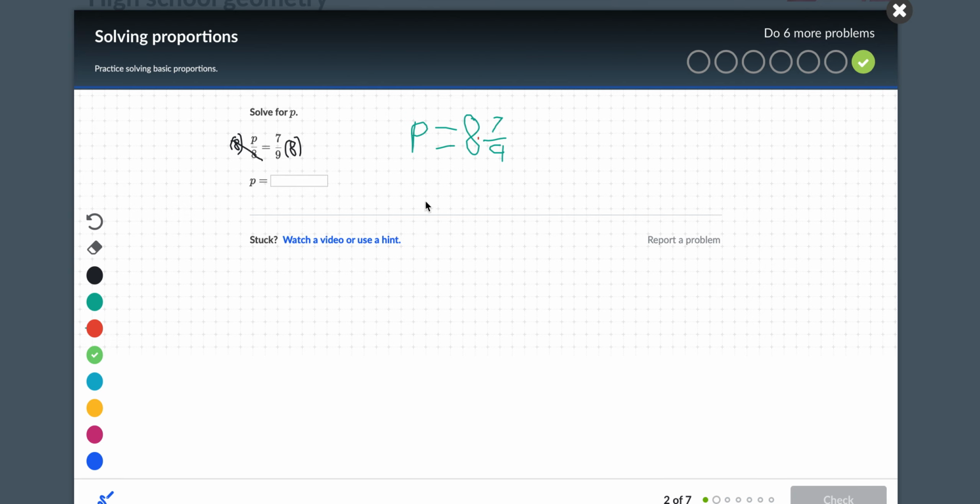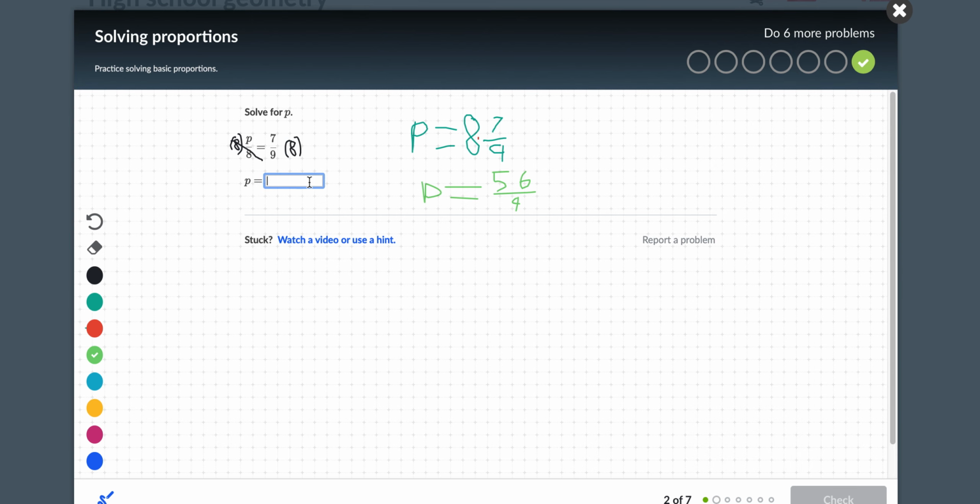So then we get p equals 56/9. So plug it into your trusty calculator, and 56/9, oh, that doesn't work as a decimal, so just keep it in fraction form.